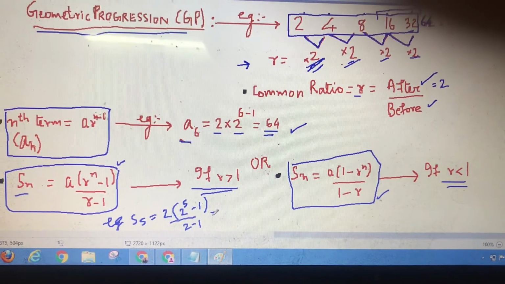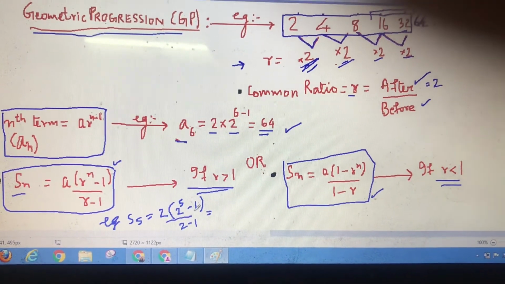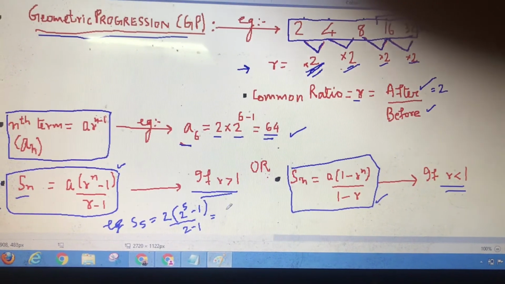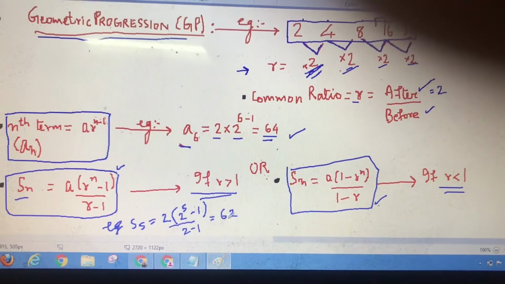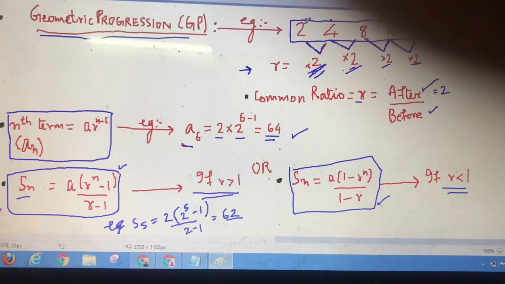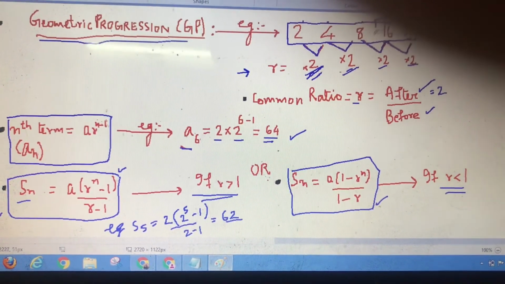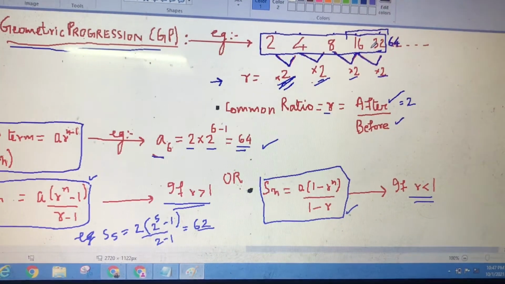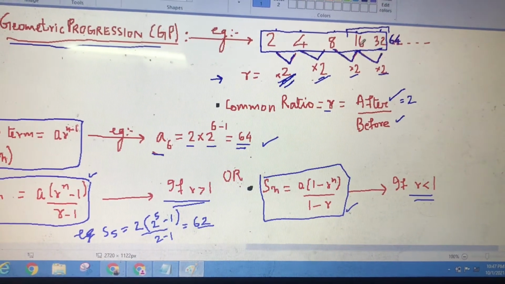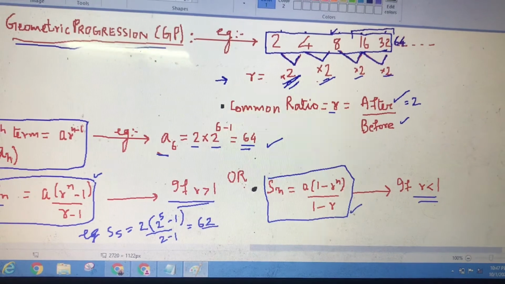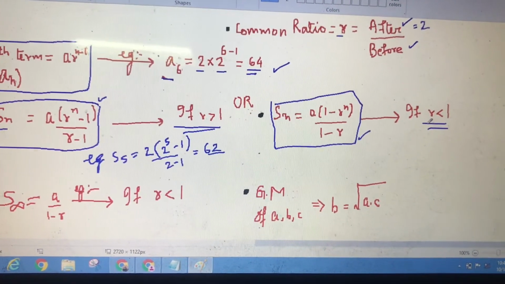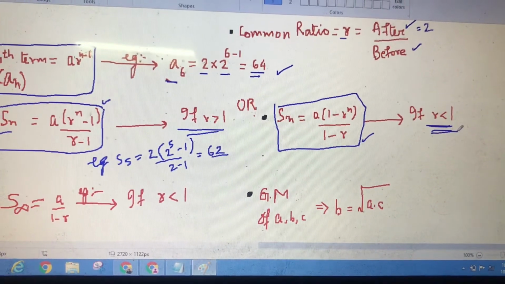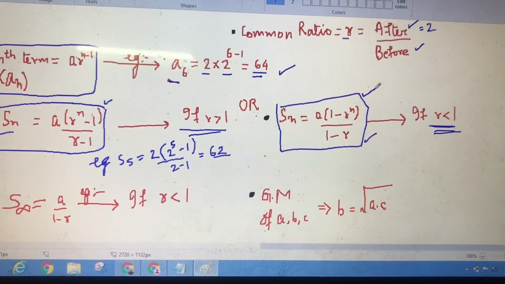So this is coming out to be 32 minus 1 is 31 into 2 is 62. So the sum of these terms 2 plus 4 plus 8 plus 16 plus 32 is coming out to be 62. Clear? If the common ratio was less than 1, we would have used this other formula.